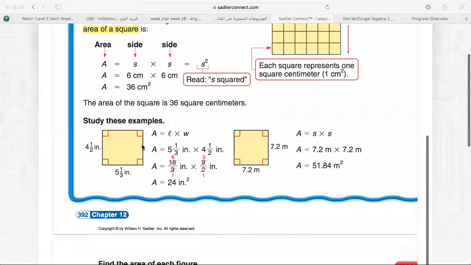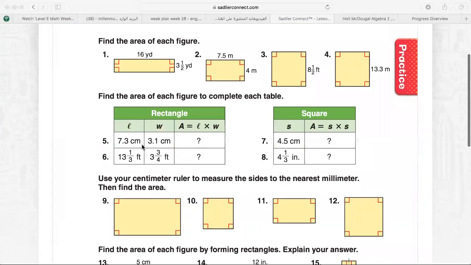Okay, let's start to answer together. Number 1. Okay, girls. I have a square. Area of the square is equal to length multiplied by width.